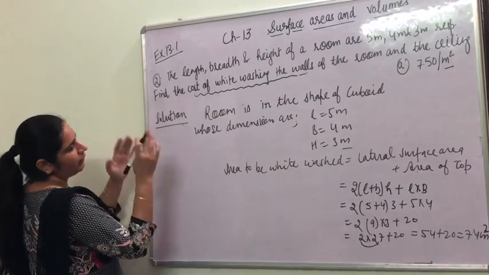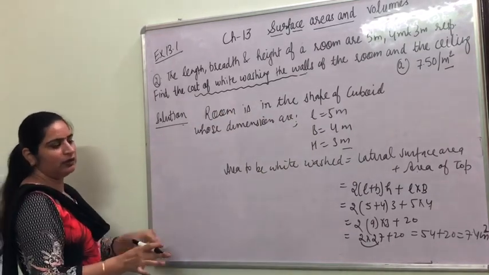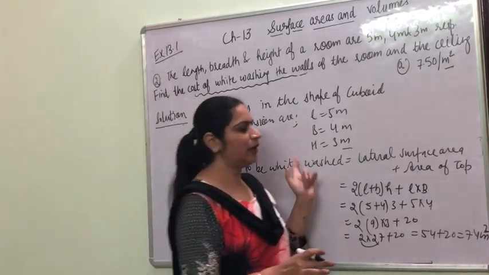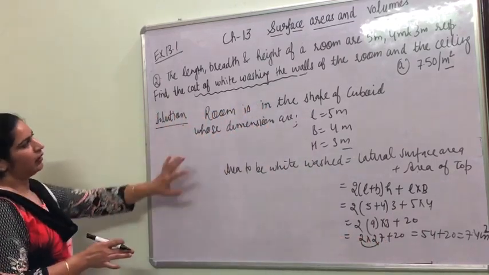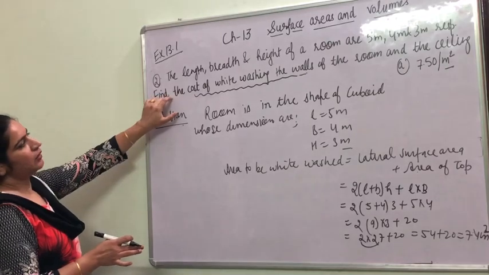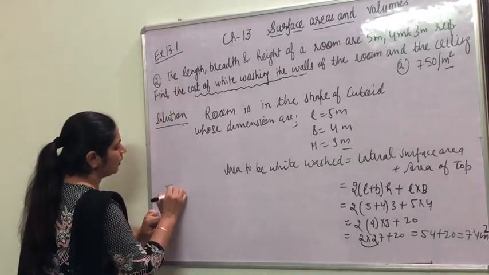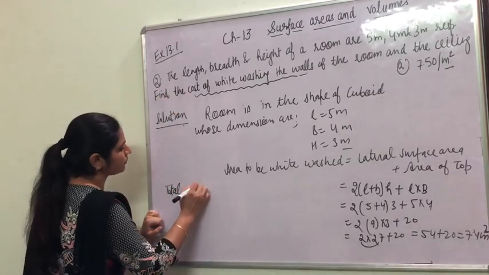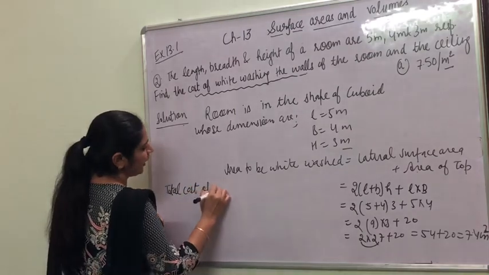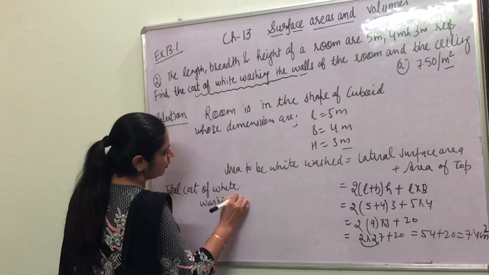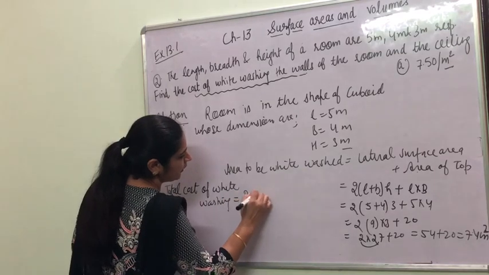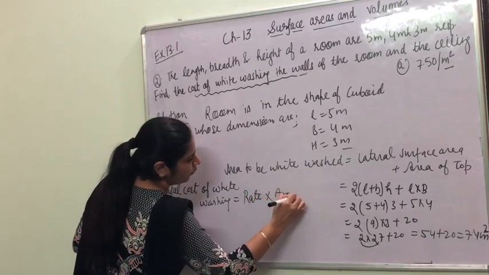In the second part, basically 2 parts are there. They haven't asked the first part, but for solving the second part, the first part is also required. Here they are asking total cost. So the total cost of whitewashing is equal to rate multiplied by the area required.